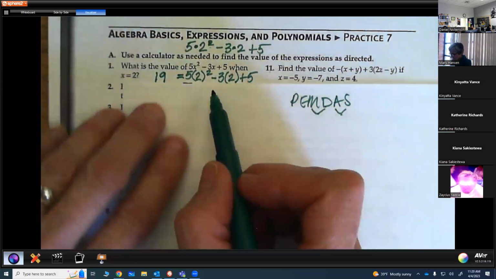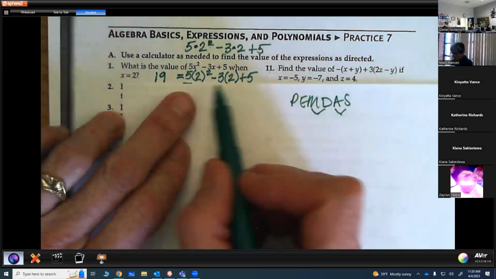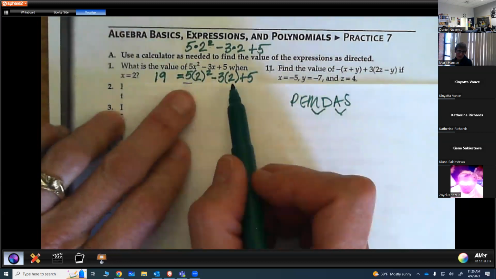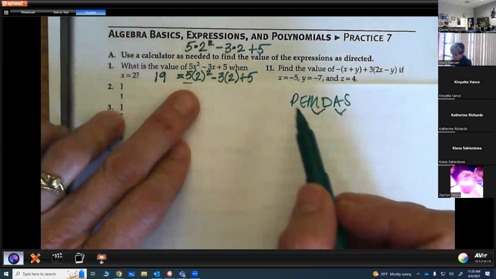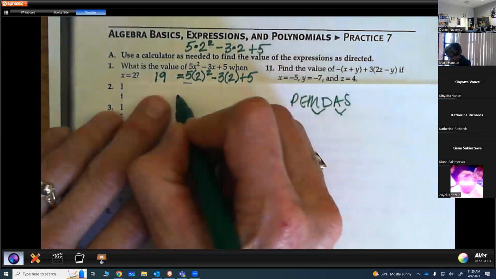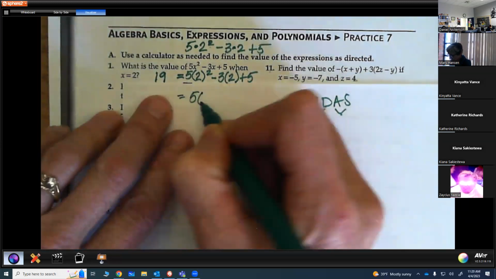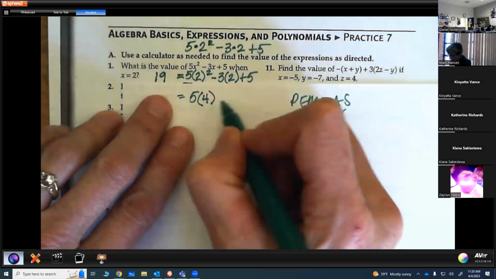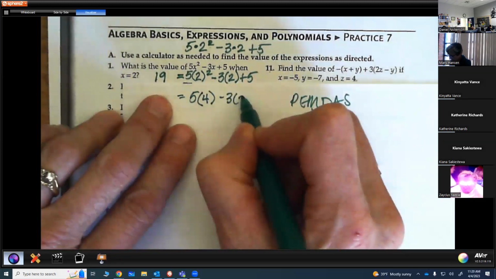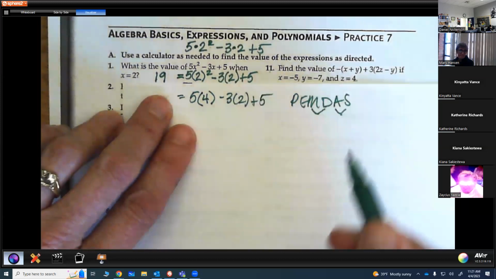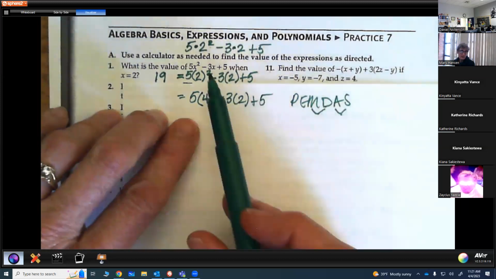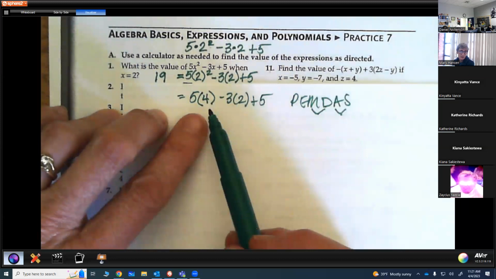It would say that I have parentheses, but there's nothing to do inside of them, there's just numbers. So I move to exponents, and 2 squared is 4. So all I did was evaluate the exponent to get 4.